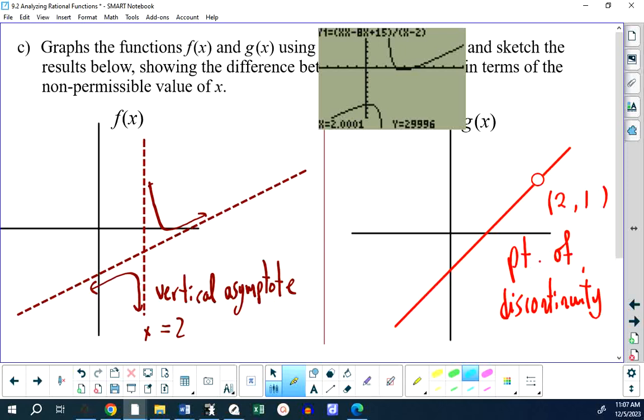I think it might have. There we go. This is the important aspect of the graph on the left. This is the important aspect of the graph on the right. That's my point. When I say a non-permissible value can do one of two things, it's these two things, vertical asymptote or hole. Now, how is it we determine which it is?